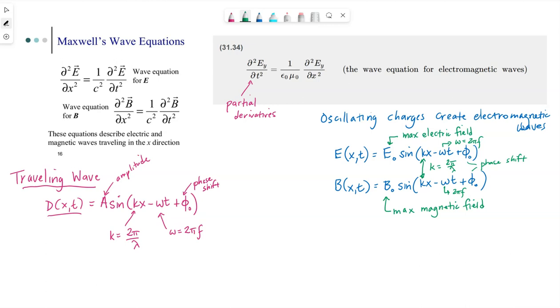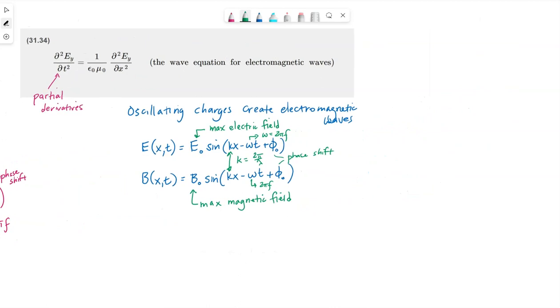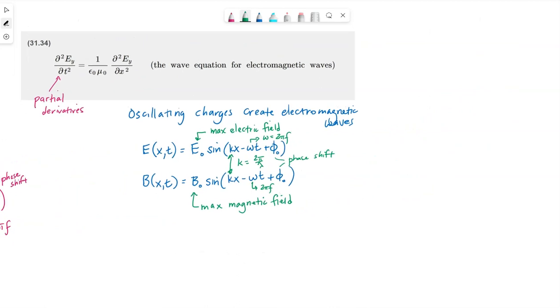Now, another interesting thing, when we compare this back to the equations describing traveling waves, it turns out that this portion represents a 1 over c squared. Meaning 1 over c squared is equal to 1 over that constant epsilon naught we see a lot in electricity, and then mu naught, the permeability of free space, which we saw a lot with magnetism.